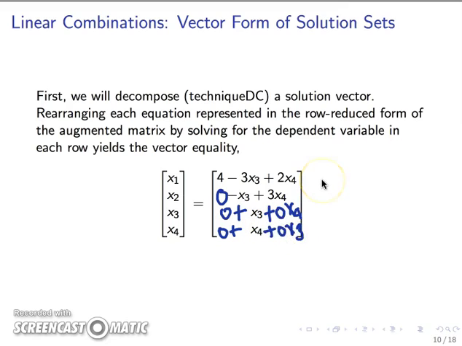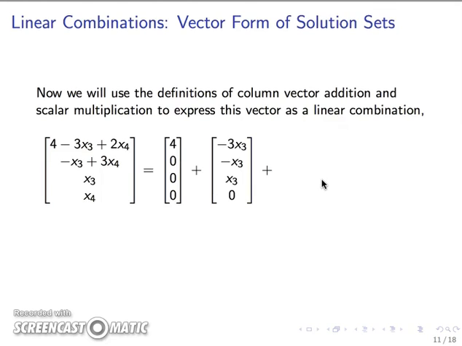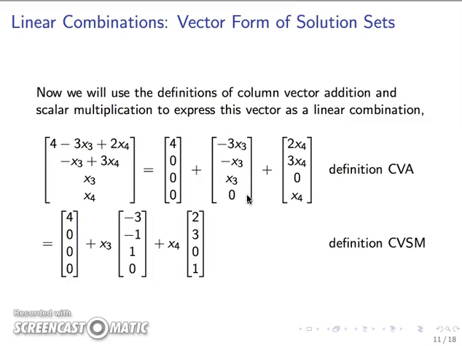If we think of it that way, we can represent this vector as the addition of these three vectors, and in fact we can write this as a linear combination where the coefficients x3 and x4 are indeed the free variables.